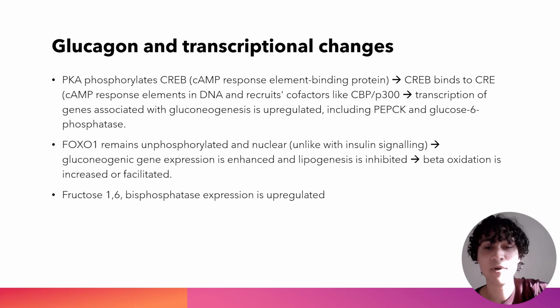But also lipogenic genes will be suppressed, because the aim here is to break down fats, not build them up. And again, glycogenic genes will also be suppressed, because the aim is to break down glycogen, okay, not build glycogen from glucose. So this kind of prevents futile cycling, and you can kind of see the relationship these metabolic pathways have with each other.